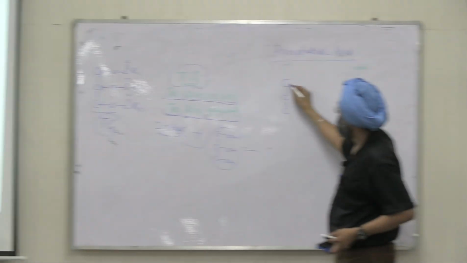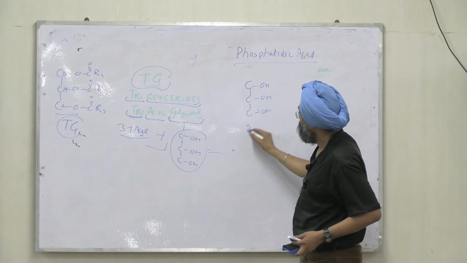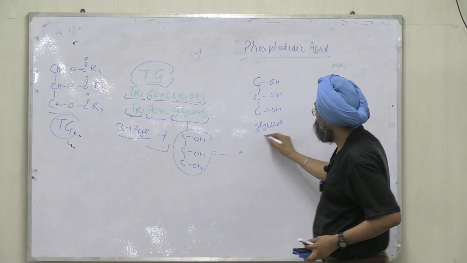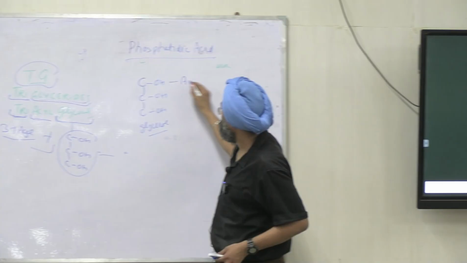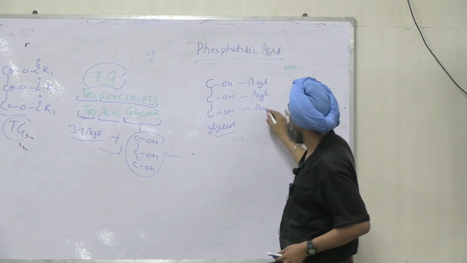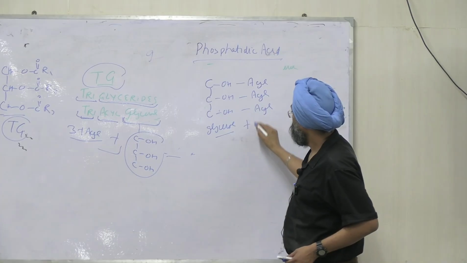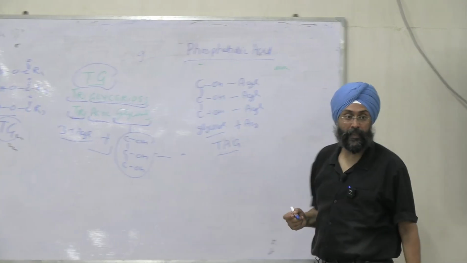Carbons are there, 3 alcohols are attached. What is formed? Glycerol, right? When you add one acyl group and another acyl group and another acyl group, acyl plus glycerol is equal to triacyl glycerol.